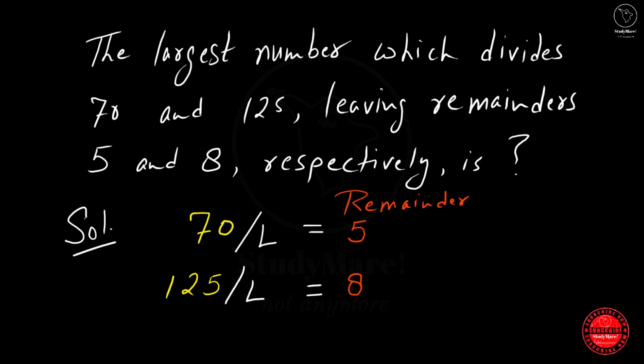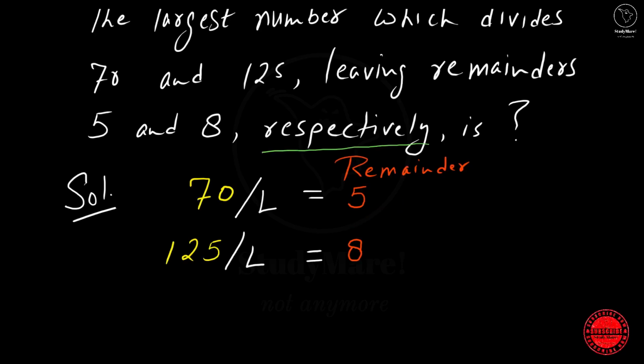Just look at this word, respectively. It means the same order. When we are talking about 70, the first number, the remainder 5 is the first in the series. So 5 is the remainder when 70 is divided and 8 is the remainder when 125 is divided. So whenever you see this word respectively, it is talking about the same order.